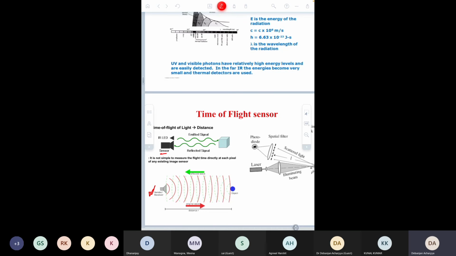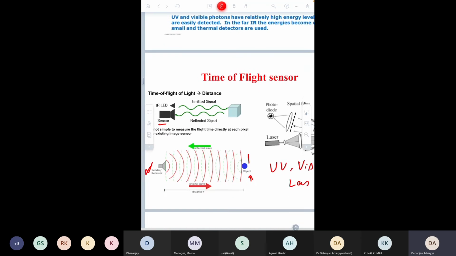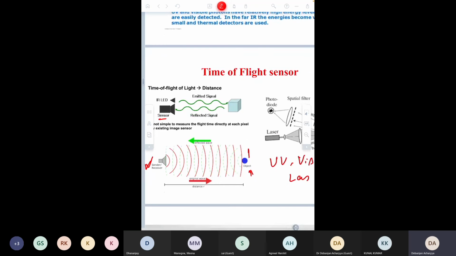The sender sends some light or ultrasonic wave, or it may be UV light, visible light, or a laser. If there is an object over here, the wave will reflect from the object and be detected by the receiver or detector.